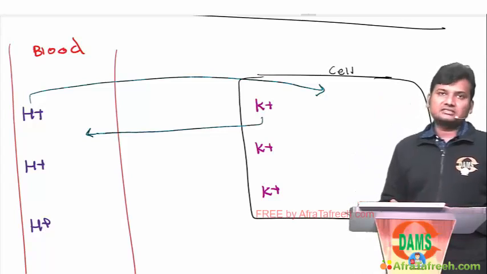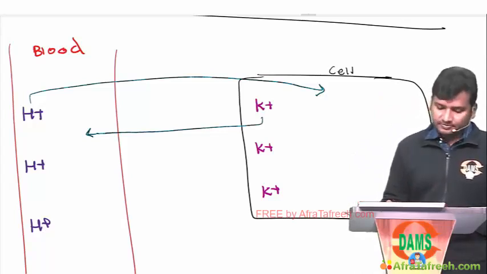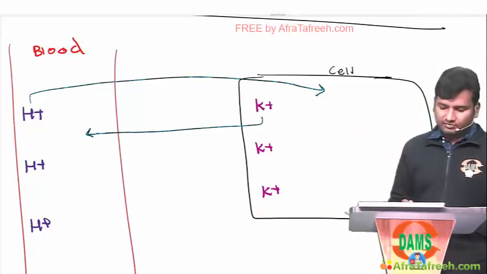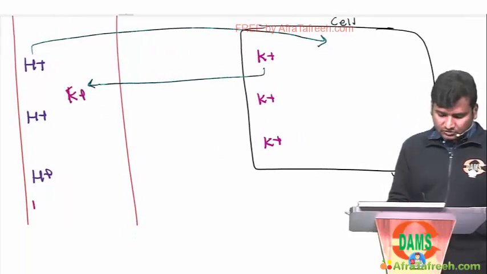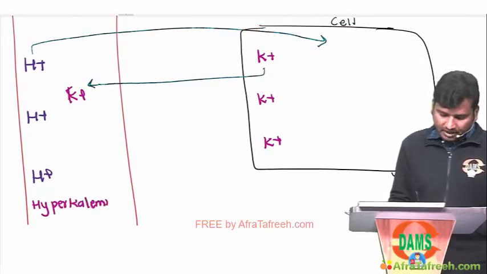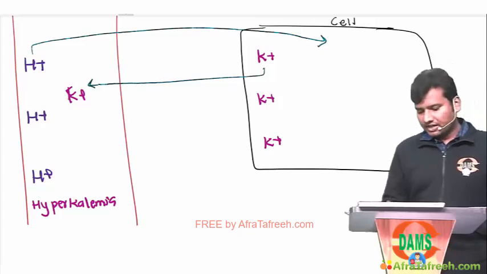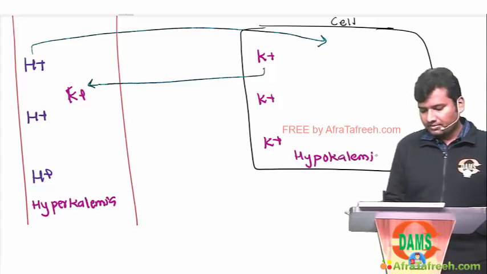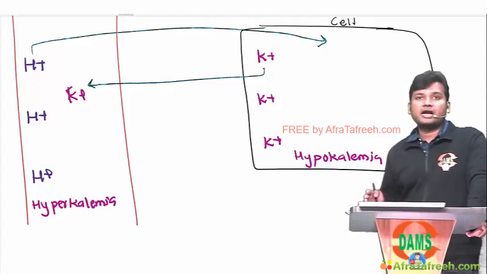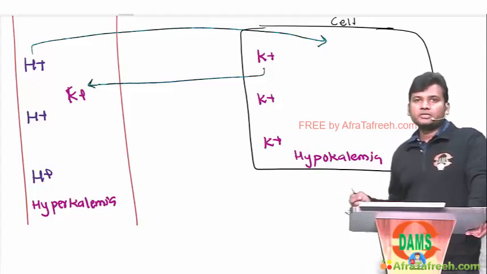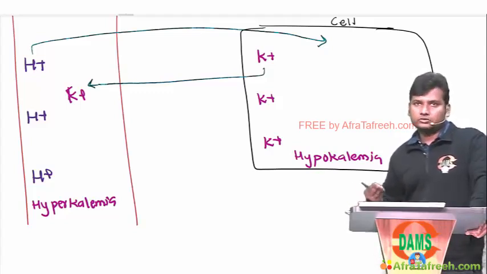So there will be exchange of H plus with K plus, and because of this potassium from cell entering blood, patient will develop intravascular hyperkalemia and intracellular hypokalemia. And this hyperkalemia increases the risk of cardiac arrhythmia and cardiac arrest in a patient of diabetic ketoacidosis.